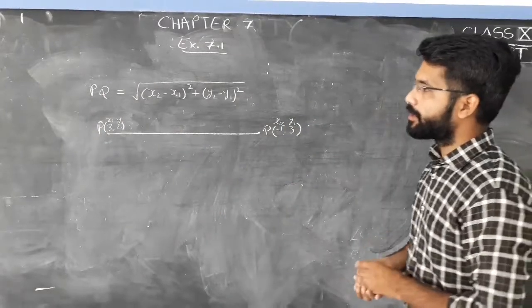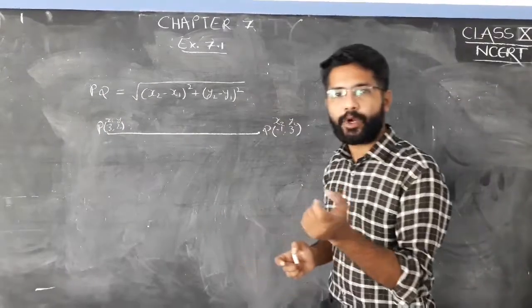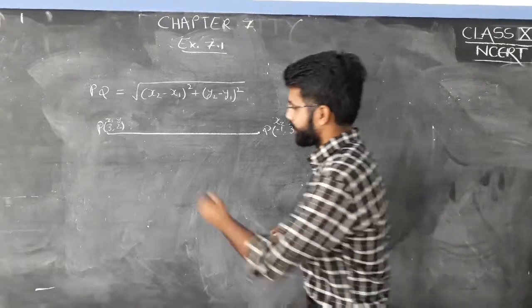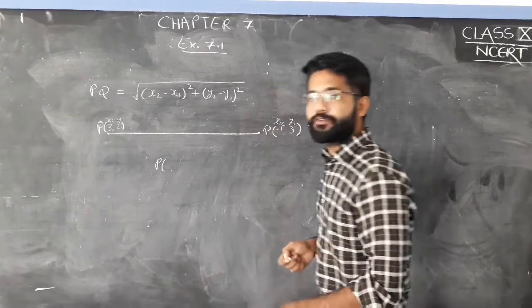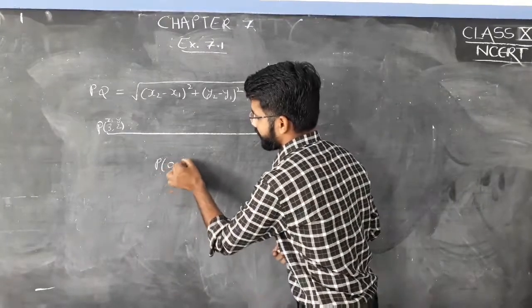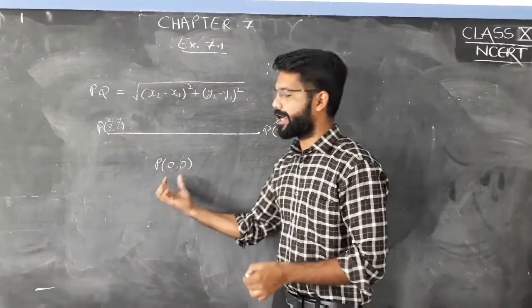One more thing: if we have to find the distance from the origin, we know the coordinates of the origin are 0, 0, meaning both x and y are 0.